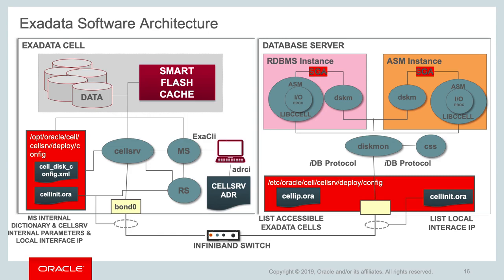The diskmon process handles cell failures, I/O fencing, I/O resource management, and plan propagation, such as broadcasting intra-database IORM plans from RDBMS to the cells. It can also broadcast other control information from the RDBMS and ASM instance to the cells.